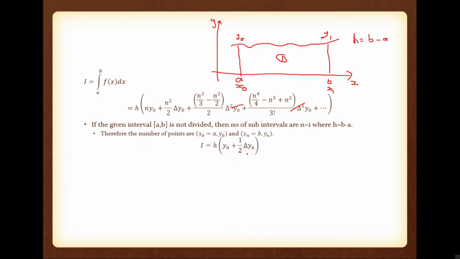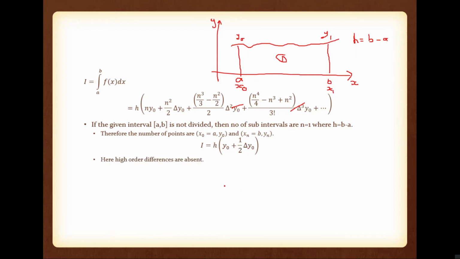Now my question is, what is delta y0? Delta y0 is y1 minus y0. Am I correct? So I is equal to h into y0 plus 1 by 2 into y1 minus y0.